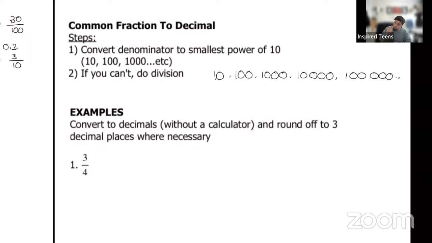Okay, so we need to find the smallest number from 10, 100, 1,000, 10,000, and 100,000 that our denominator can go into. What's the smallest number between 10, 100, 1,000, and 10,000 and all of that that 4 can go into? Can someone tell me?